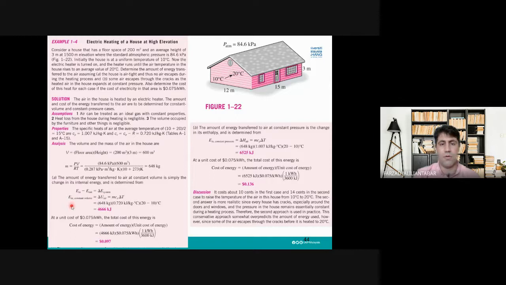Or in other words, if you remember, for constant volume it is the change in the internal energy of the system, which is equal to mCv delta T. But even without this information, you just need to know that here we have a closed system. For a closed system with constant volume, we use this equation, mCv delta T. m we have calculated, the mass of the air. Cv we have calculated as well.